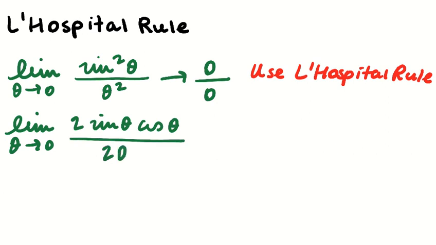And this is going to go to 0 over 0. Since it goes to 0 over 0, I'm going to apply a trig identity. I do this one all the time. It's one of the only trig identities I know. 2 sine theta cosine theta, anybody know what that is? I wouldn't really expect you to. It's sine of 2 theta. It's a double angle formula.